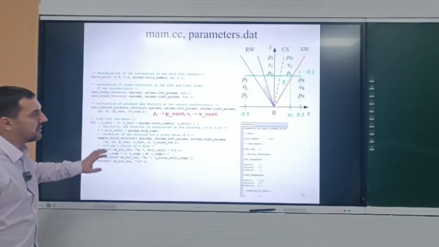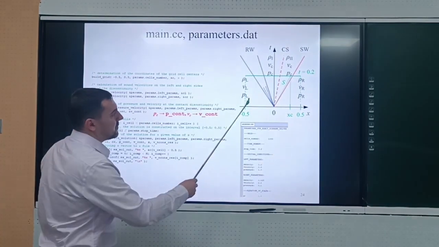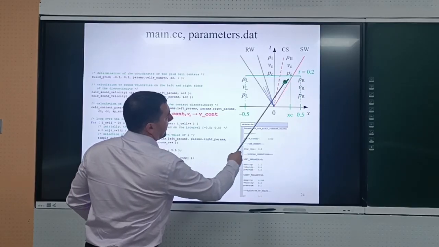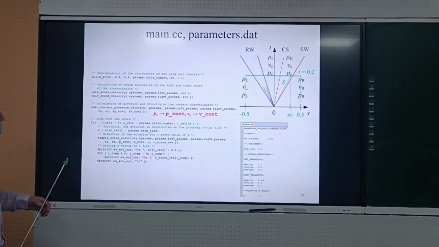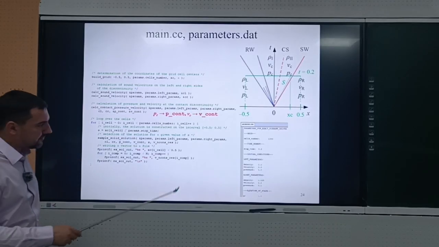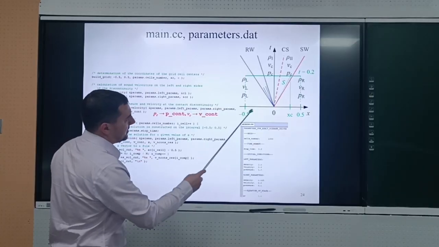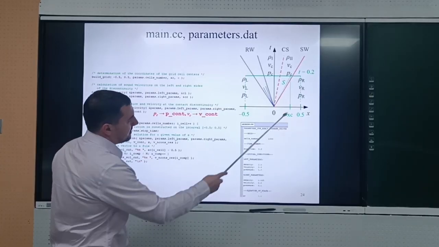So it's the sampling. It means that we should define in which region we are, and just write the result. So in this file, we can specify left parameters, parameters to the left of the initial discontinuity, and parameters to the right.